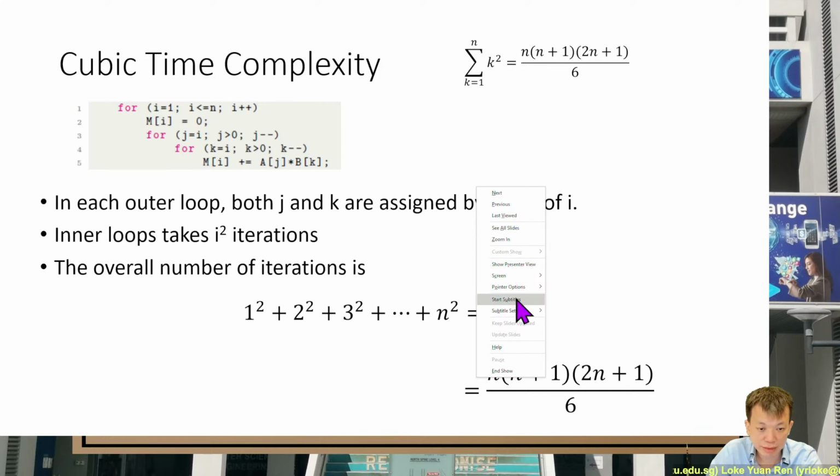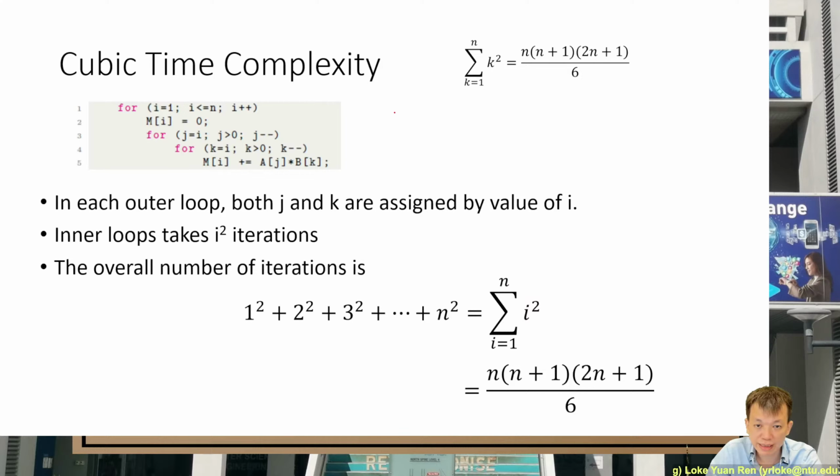That means this is like if you have a vector A, and I have another, a 2D array and a 1D array, sorry, a 1D array. My output is M.